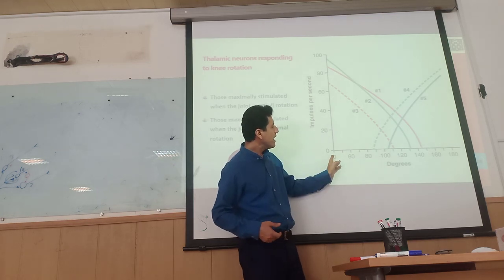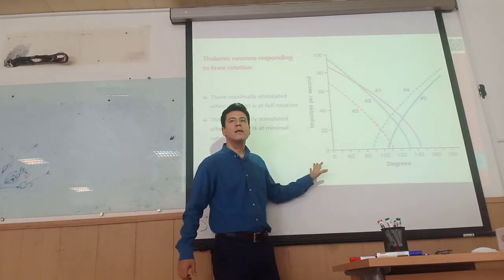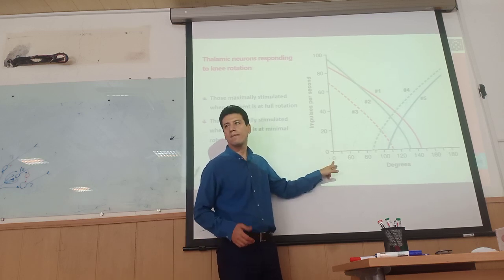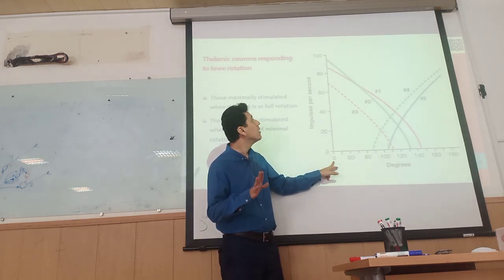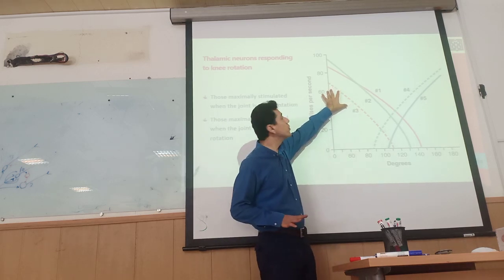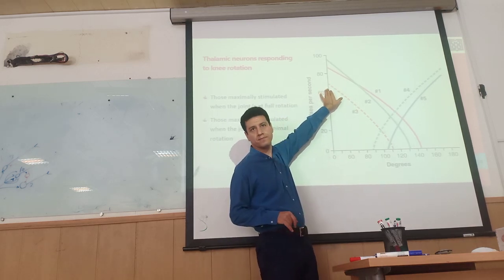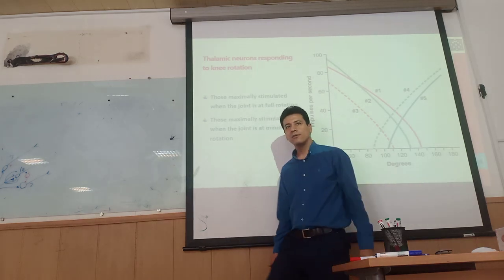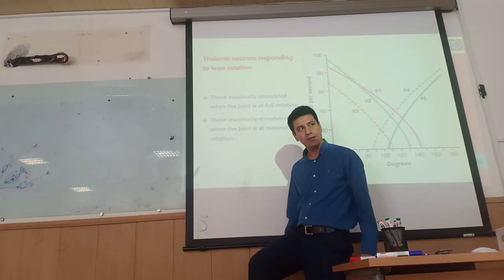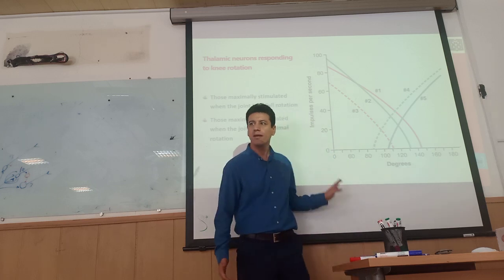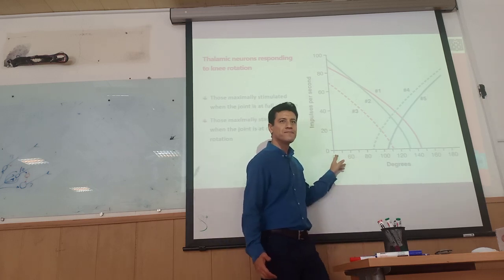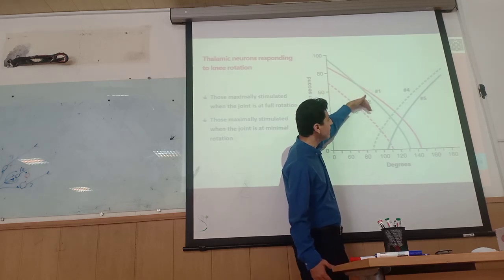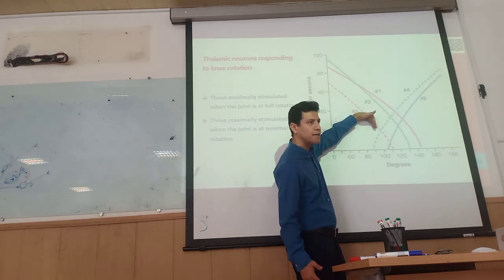So, you can see that when the knee is bending totally, here, at degree 0, 3 of these 5 neurons are highly active. Right? When you start to open the knee gradually, when you increase the degree little by little, you can see that the firing rate of these neurons declines, right?